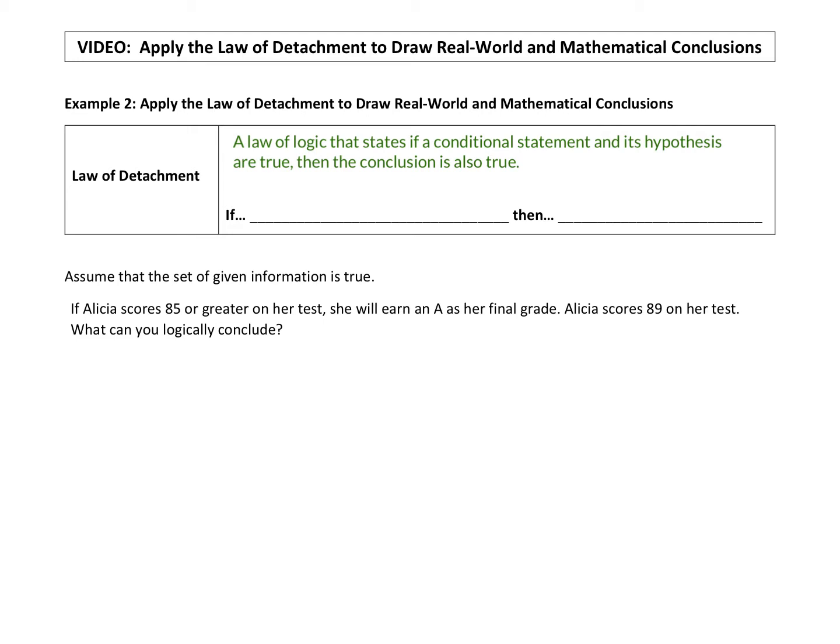So here's some more vocab for you. A law of logic, so law of detachment is a law of logic that states if a conditional statement and its hypothesis are true, then the conclusion is also true. Go ahead and pause and write that in.